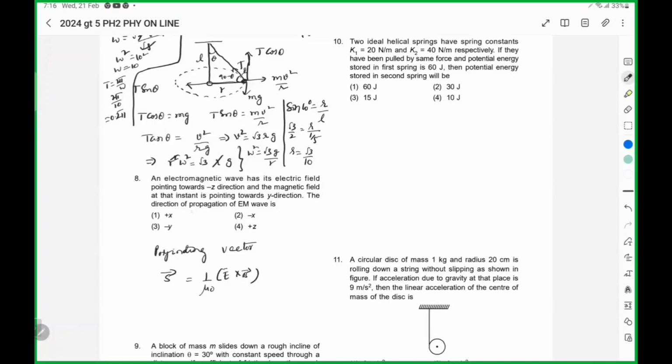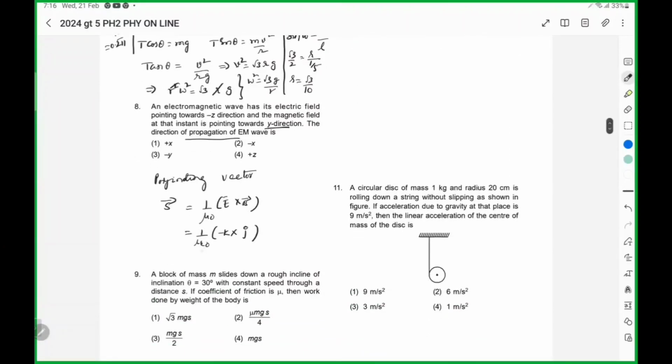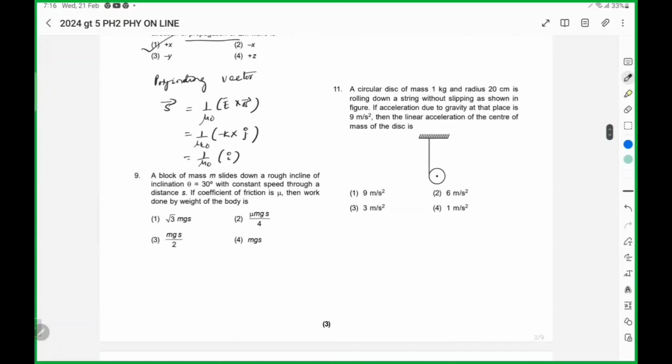He is asking the direction of propagation of the electromagnetic field. So the electric field, he said, is in the minus Z direction, and the magnetic field is pointing in the Y direction. So that is 1 by mu naught, K cross J is minus I plus I. That means it is in the positive X direction.